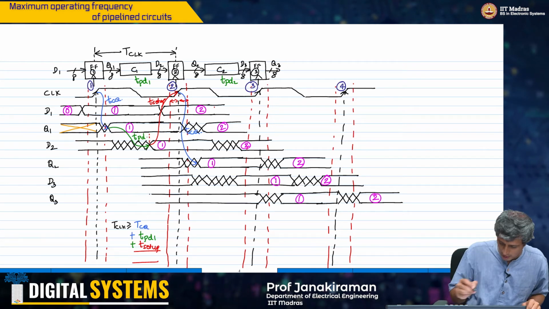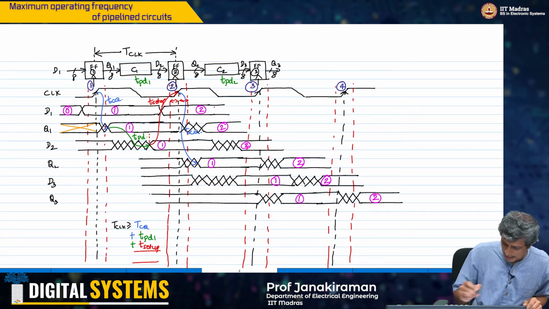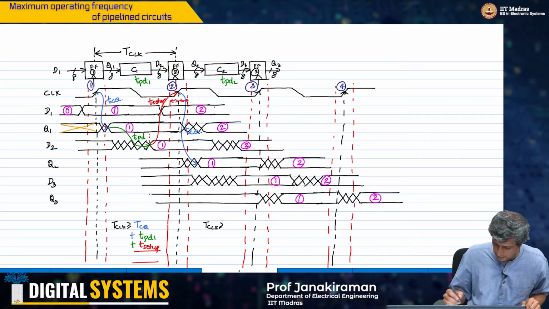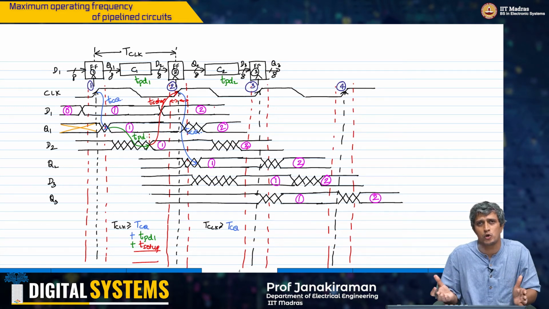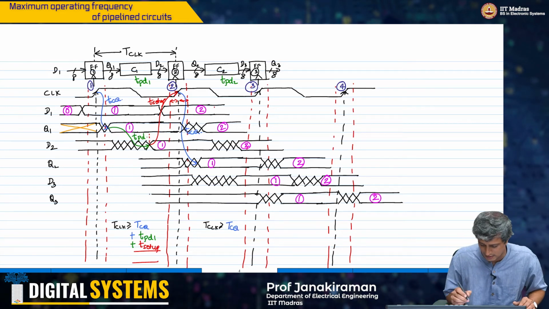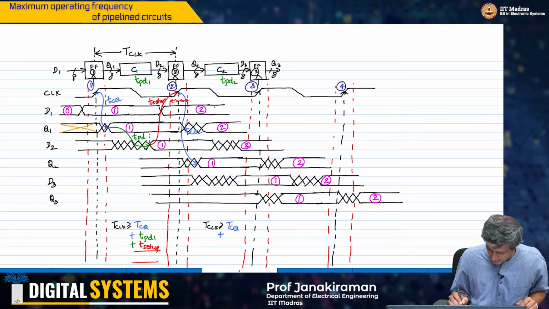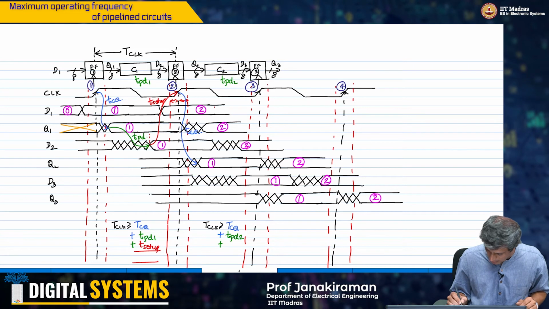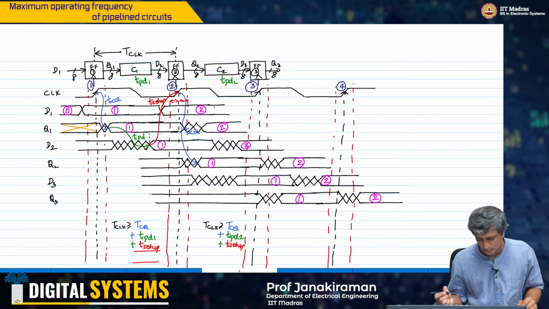And therefore, T clock, when I write between these two flops, must be greater than, same thing, TCQ. Remember, these can be identical flops, so you can assume that they have exactly the same delays, right? Plus TPD2, plus T setup, right?